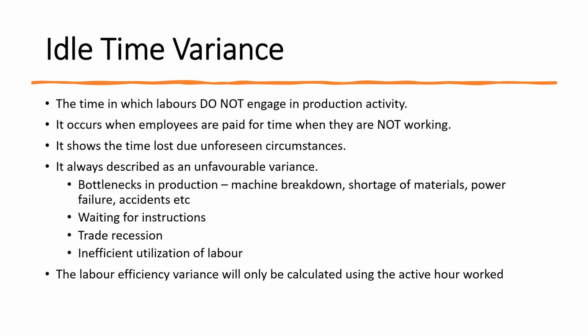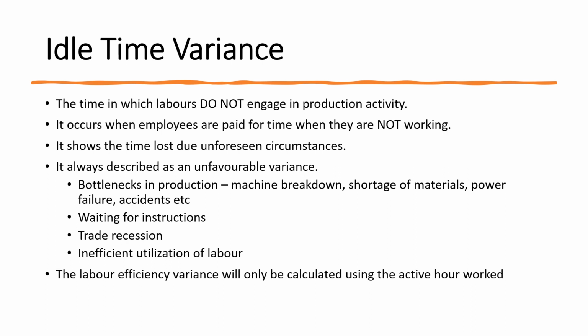Second, bottlenecks in production, where the production process is delayed or altered due to various issues such as equipment failures or lack of necessary resources. Third, waiting for instructions, which means the period when employees are waiting for further instruction or information to continue their work.